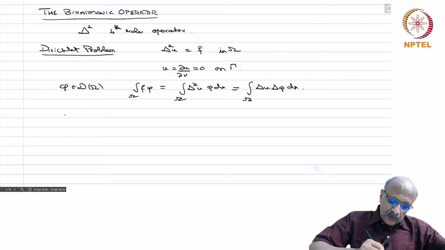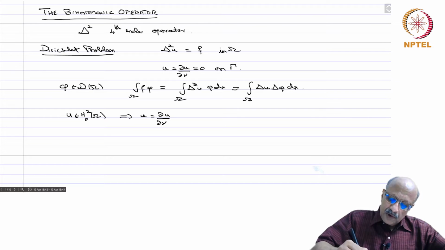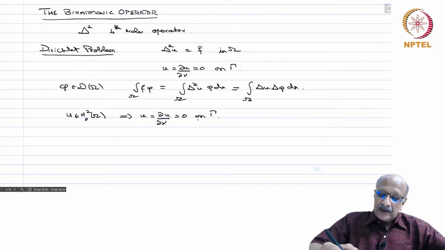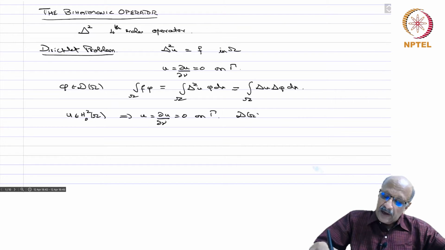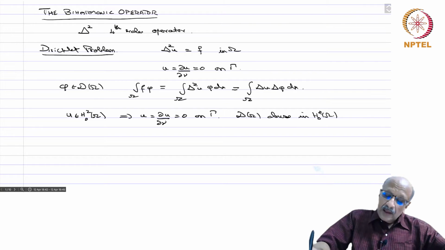And now if you look at u in H^2_0(omega), this implies that u equals du by d nu equals 0 on gamma, and therefore the boundary conditions are automatically satisfied. You also know that D(omega) is dense in H^2_0(omega).